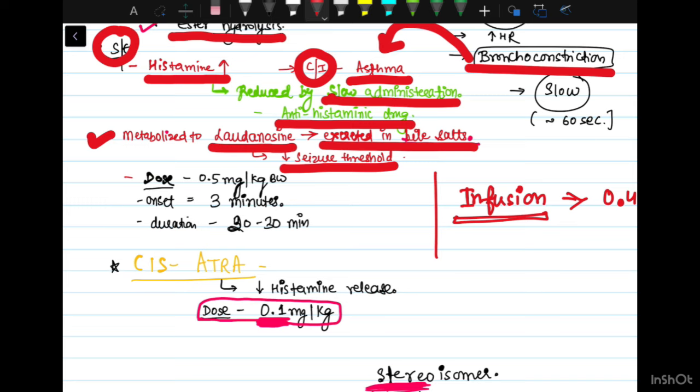But what about this metabolite, laudanosine? It may accumulate, and this will lead to a decrease in seizure threshold. Patients who are predisposed to seizures, such as eclampsia or pre-eclampsia patients, may have seizures after atracurium administration.